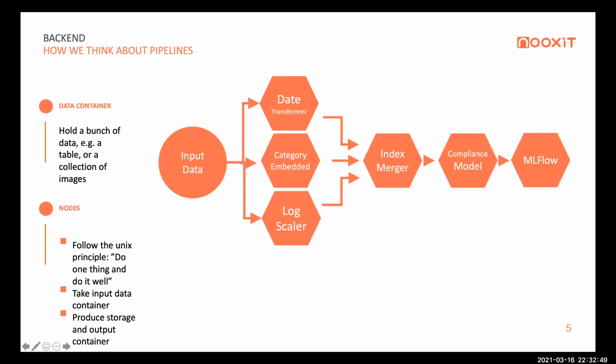And then you have nodes, which you can think of a bit like scikit-learn transformers, which just take the data container and do something with it, following always the Unix principle: they do one thing and do it well. So for example, something you probably always have to do is date transformations. You get a datetime, but you want cyclic features because you want to check, okay, do I get this posting all the time on the last day of the month?